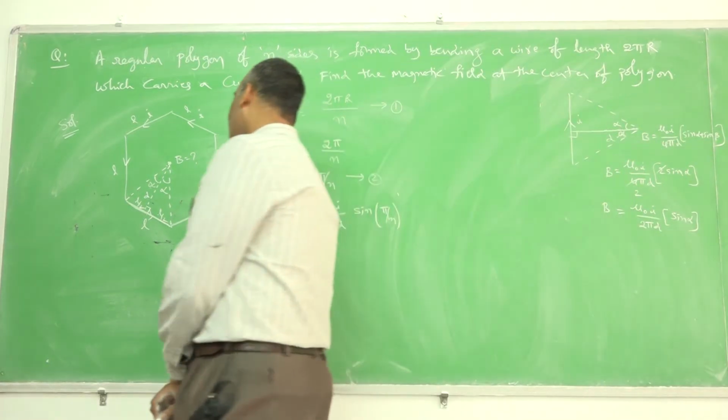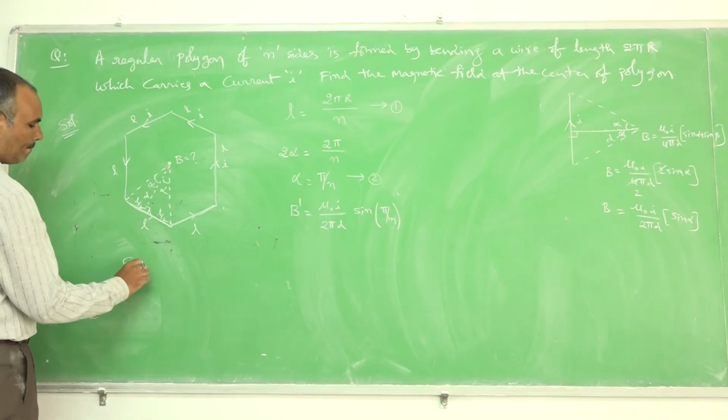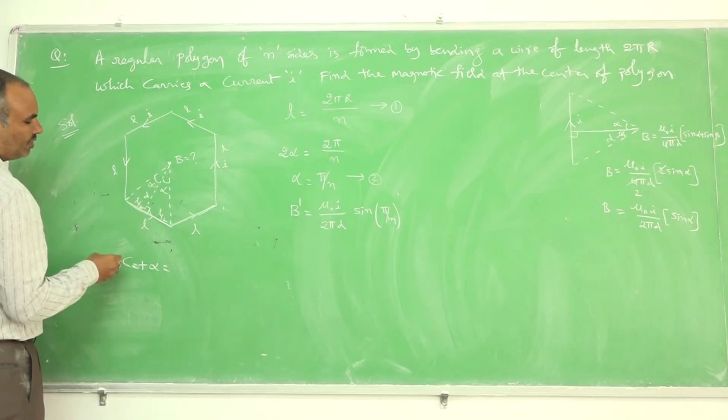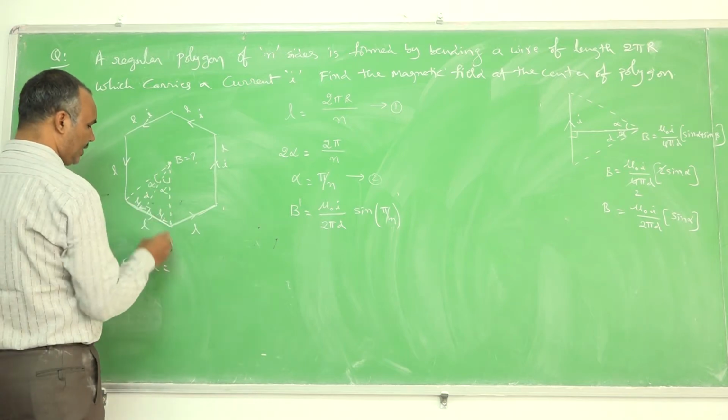In order to calculate d, let me take cot alpha here. What is cot alpha? It's a right angle triangle. Cot alpha means adjacent side by opposite side. Adjacent side is d.